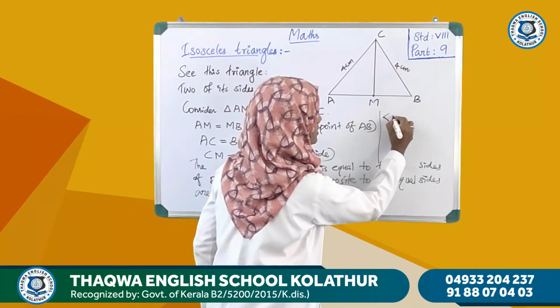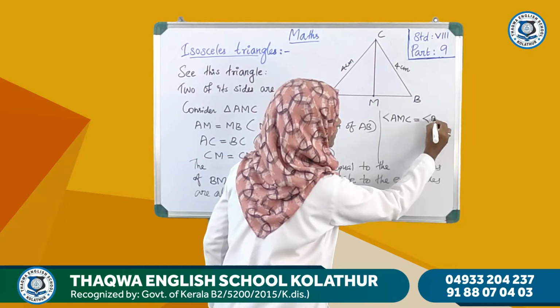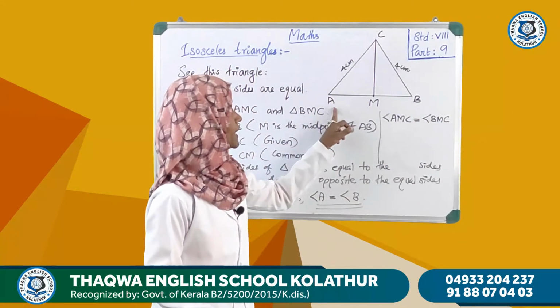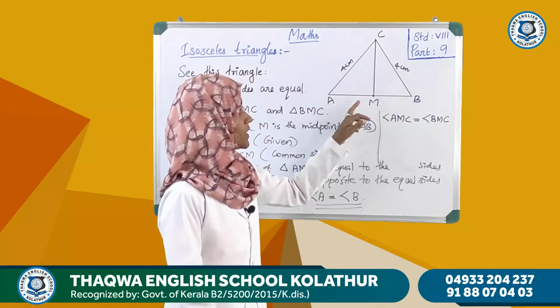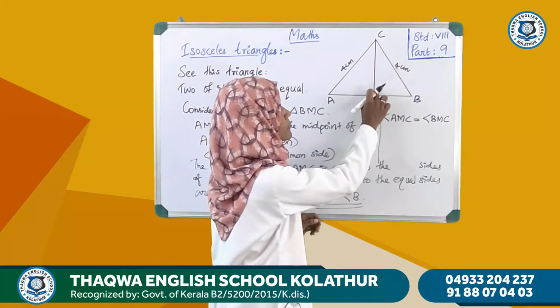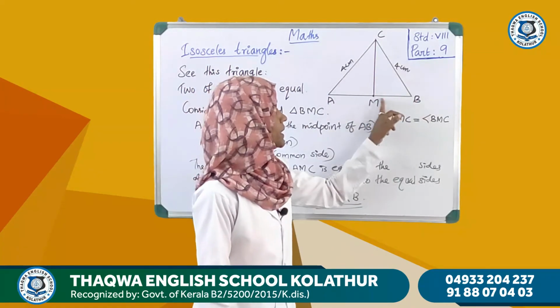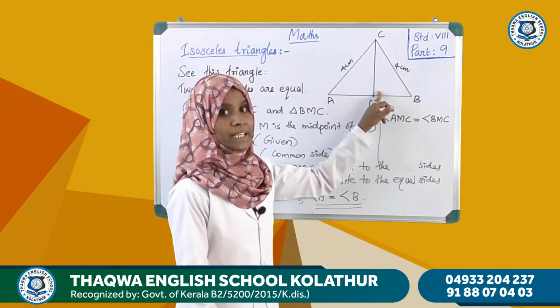Also we can write angle AMC equals angle BMC. What is the reason? Angle AMC is opposite to the side AC. Angle BMC is opposite to the side BC.